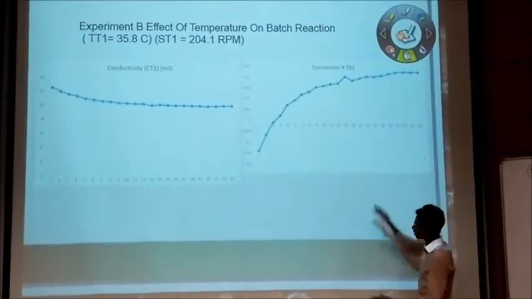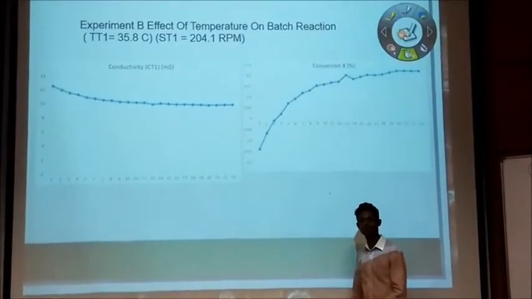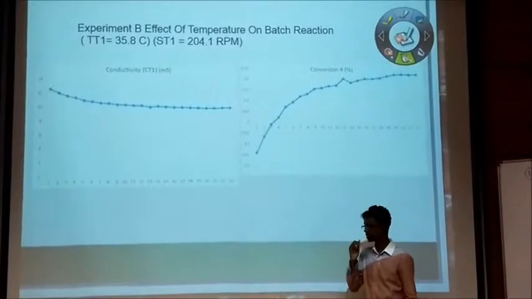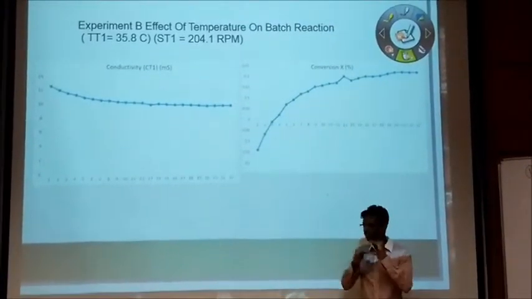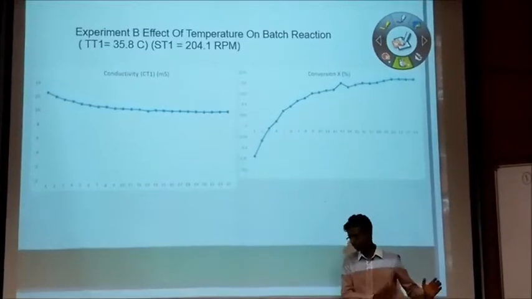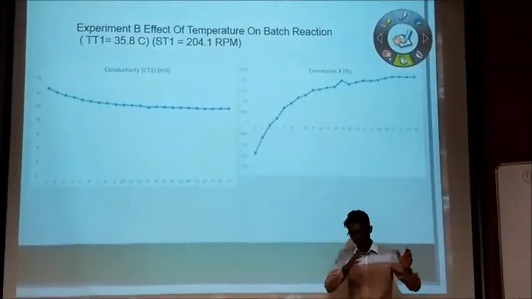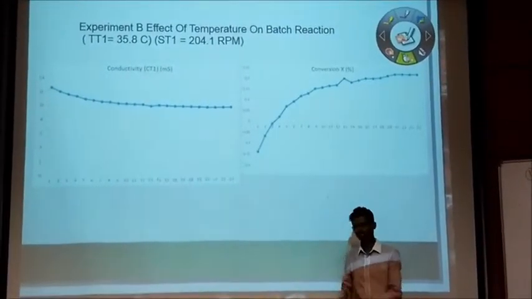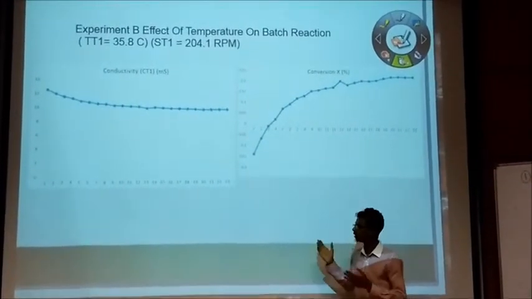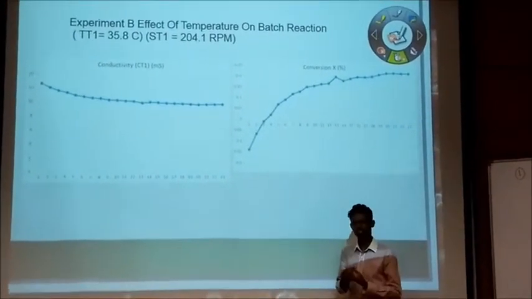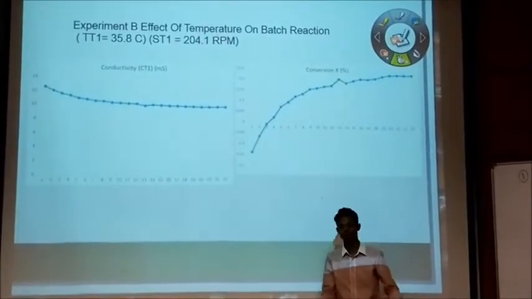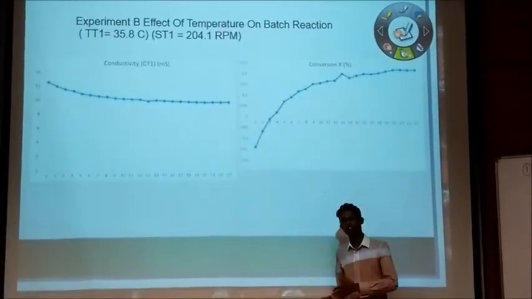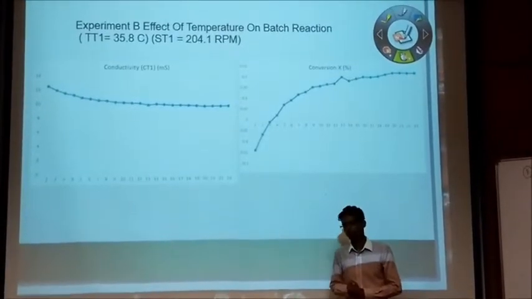At 23, the whole reactants will convert into products. That means at a very higher temperature, we will have a very less time, so the reaction rate will be very faster. Immediately, we will convert our reactants into products compared to a very lower temperature. We will have to wait for a very long time until the reactants are converted to the products.